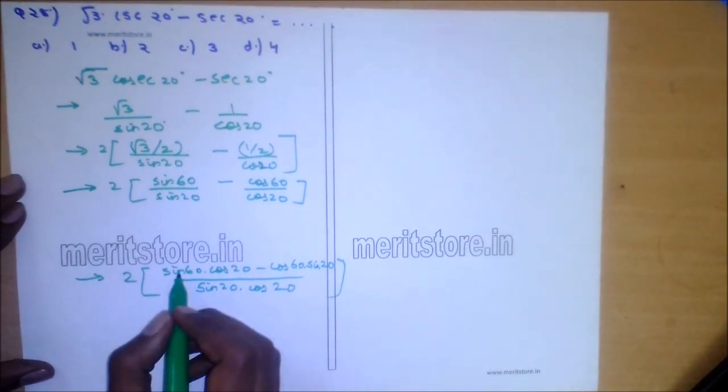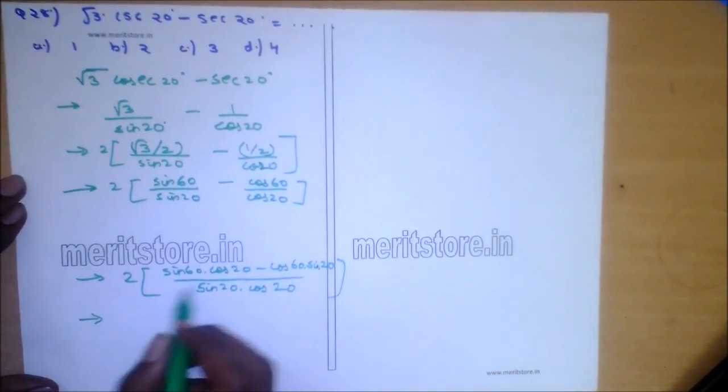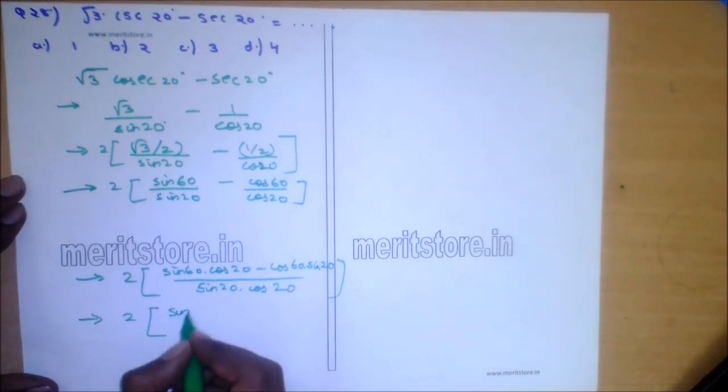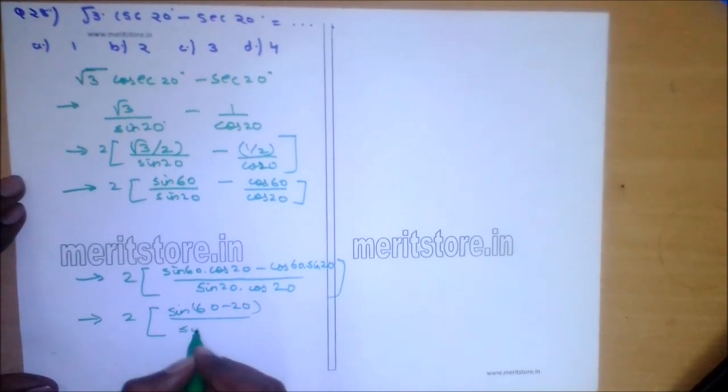Now this is in the form of sin A cos B minus cos A sin B. This is the formula for sin of A minus B, that is sin of 60 minus 20, and the denominator remains the same, sin 20 cos 20.